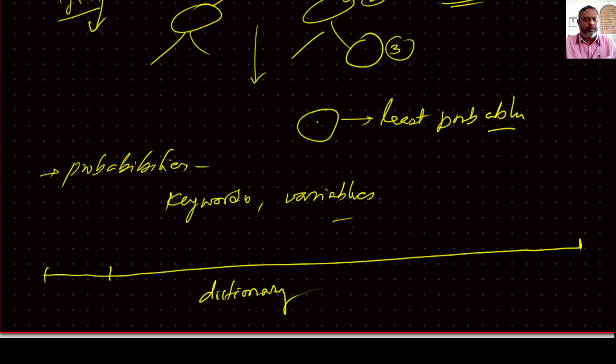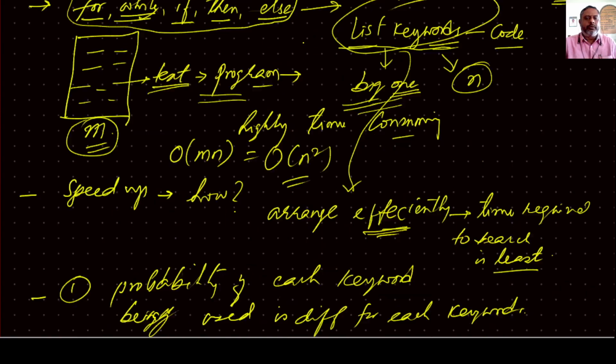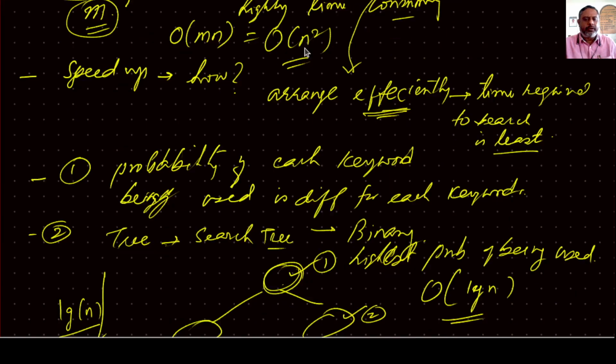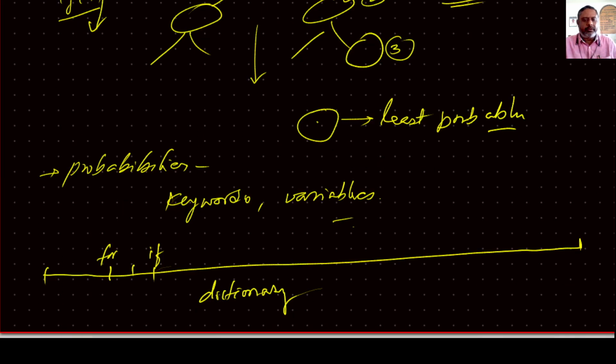So there may be "for" here, and maybe "if" here, then who will come next? "For" will come. If in between we missed "else", okay, "else" comes here, then "may" may come here, "while" may come here, and so on.